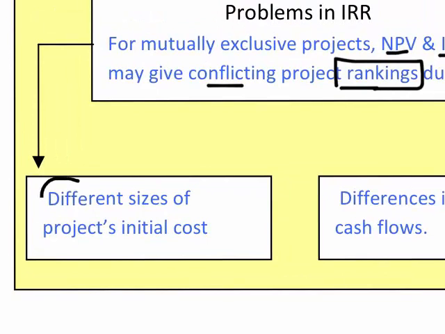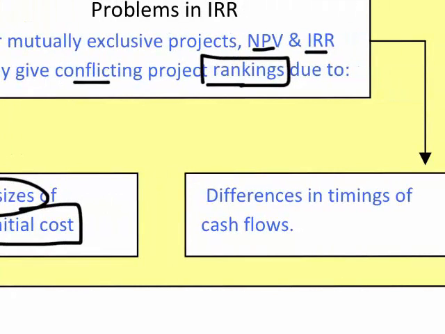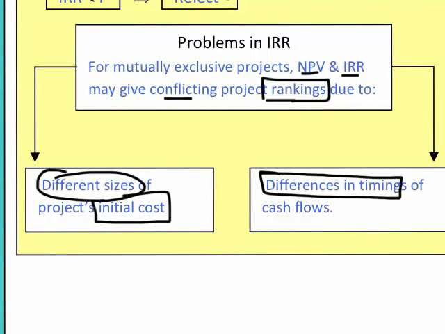Because of different size of initial cost or different timings of cash flows. So at this stage, just remember that these two factors can cause conflicting ranking: significantly different initial cost or timing. We'll come back to it in corporate finance and you will get to know a lot more about it.